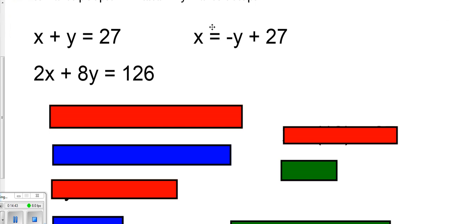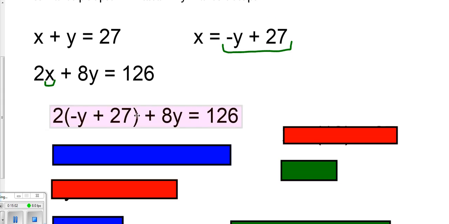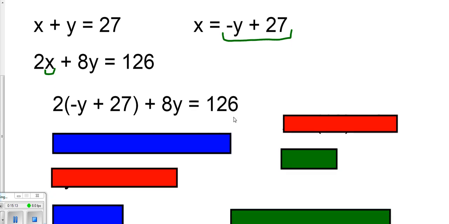Now, using this as our value of x, this expression, negative y plus 27, will replace every time we see an x in the other equation. So right here, x gets replaced with this amount. When we do that, it now becomes 2 on the outside times this amount, negative y plus 27, plus 8y is still there, and it all equals 126 still.